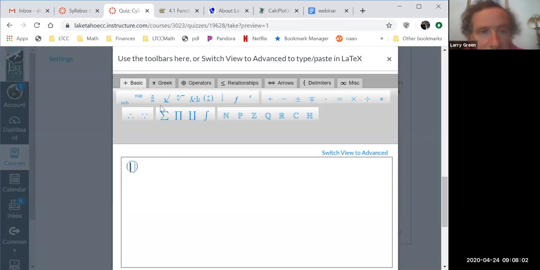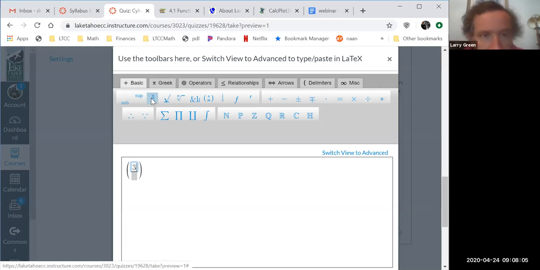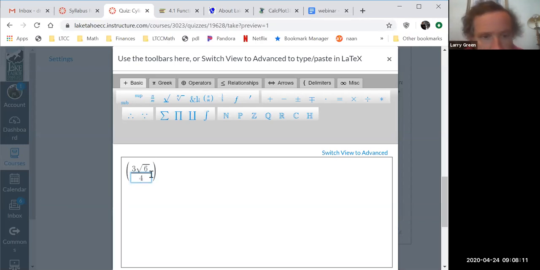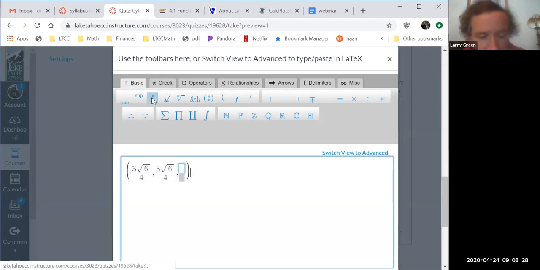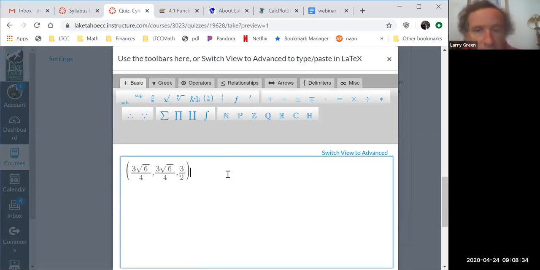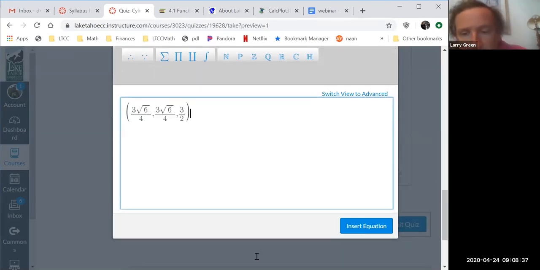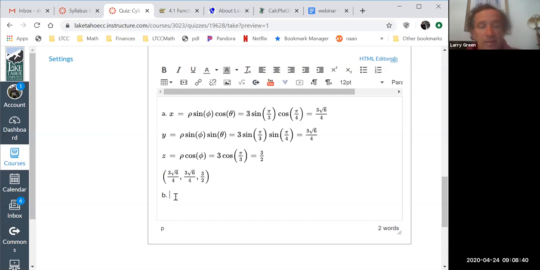So let's go to fraction. 3 times the square root of 6 over 4, comma, same thing, comma, and z was 3/2. Okay, and there are my x, y, z coordinates, my rectangular coordinates for this point.